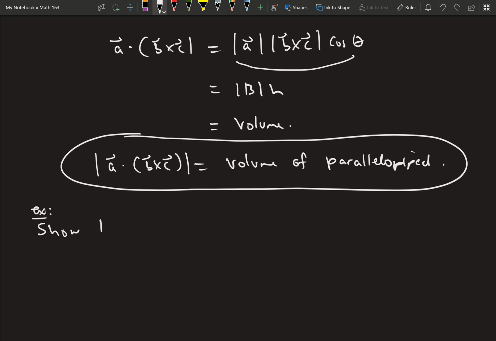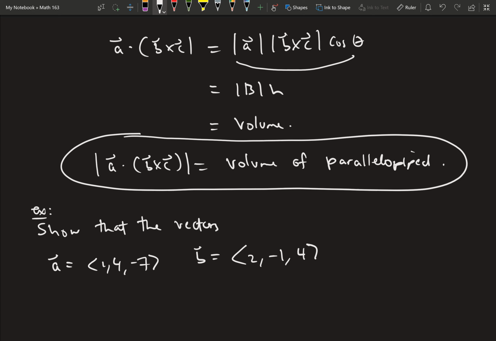So show that the vectors A equals 1, 4, negative 7, B is equal to 2, negative 1, 4, and C is equal to 0, negative 9, and 18.